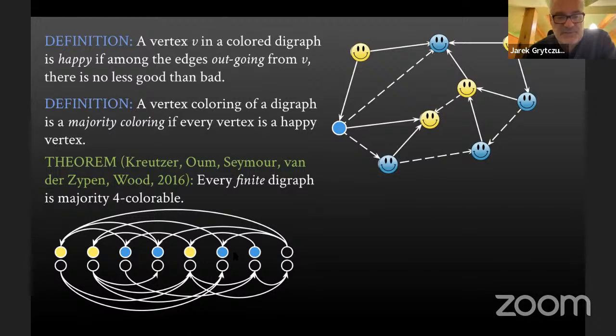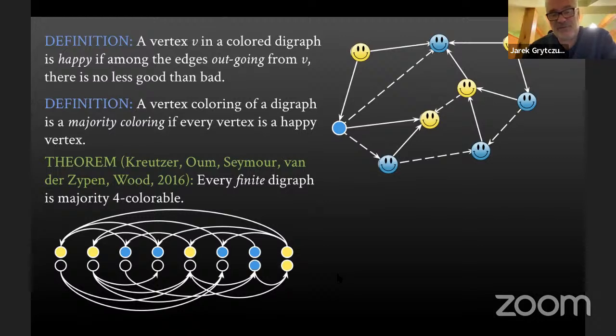Maybe this vertex has three out-neighbors: blue, blue, and yellow. So I should choose yellow, because otherwise there will be two bad edges and only one good. So I chose yellow.